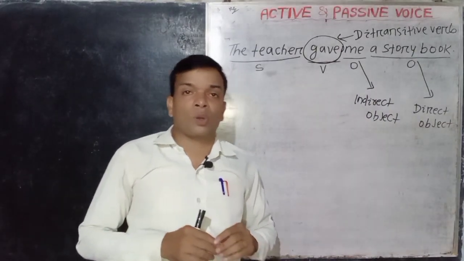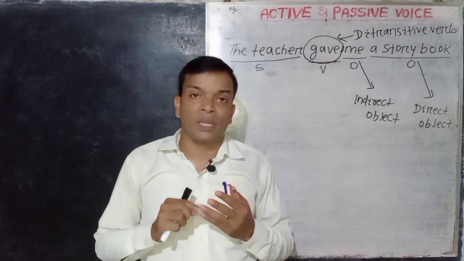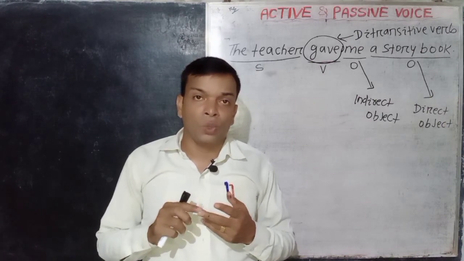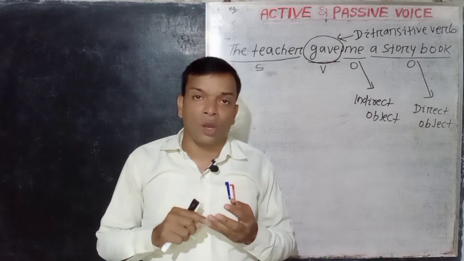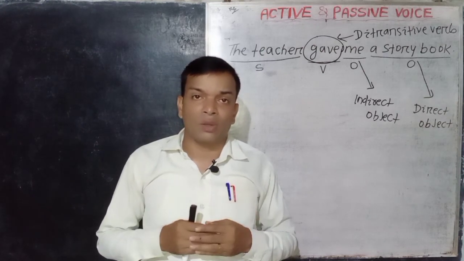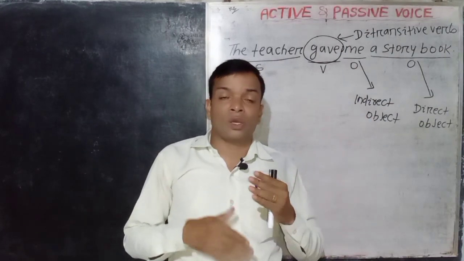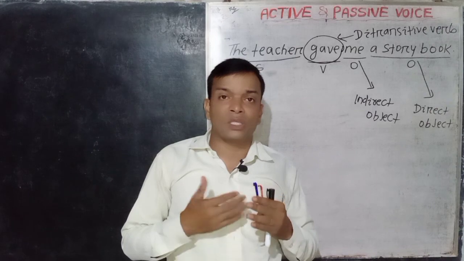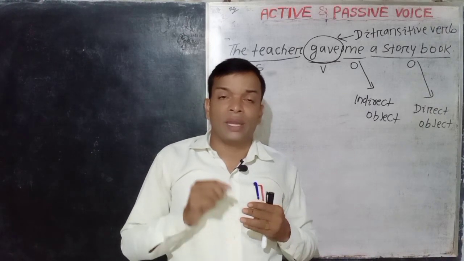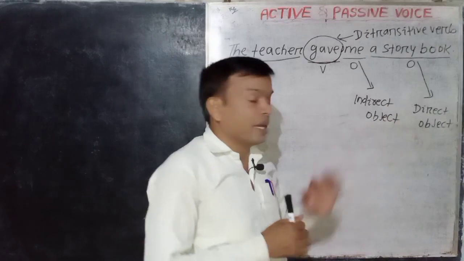Just remember one most important thing: all the personal pronouns, that is me, us, you, them, him, her, are called indirect objects. But the impersonal object, that is not personal, that refers to things or objects, is called the direct object.